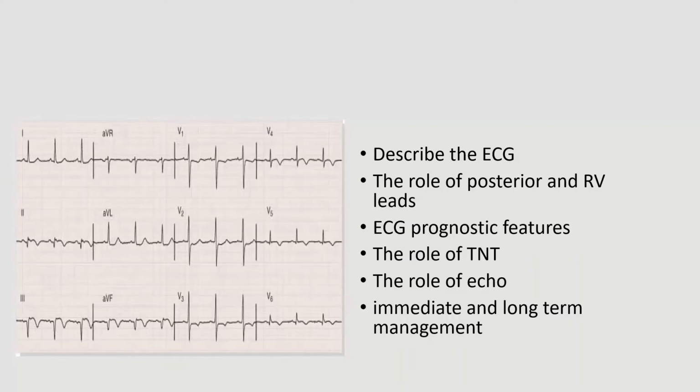Okay. What else? Blocks. First degree, second degree, third degree, right bundle branch block, left bundle branch block. These blocks indicate more extensive infarction, more extensive myocardial damage. Okay. Especially if you compare these changes against the baseline, which was not showing these changes.